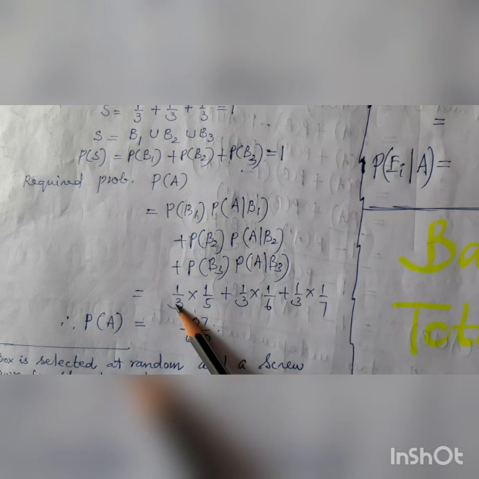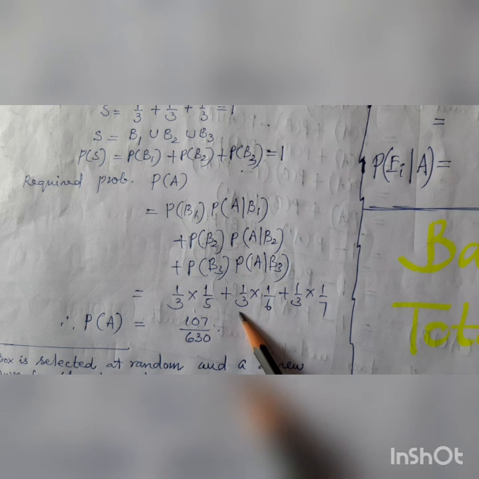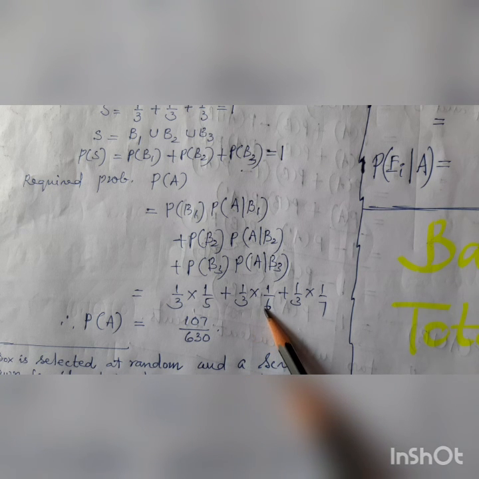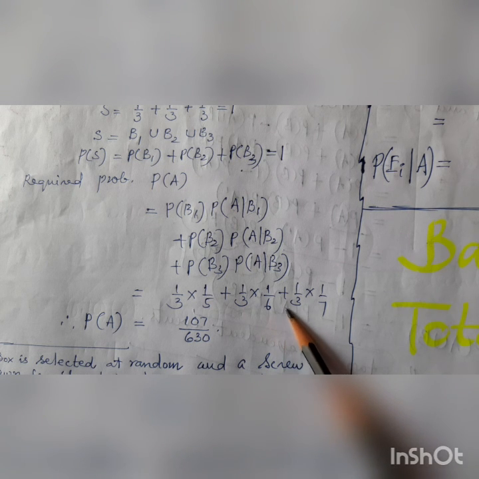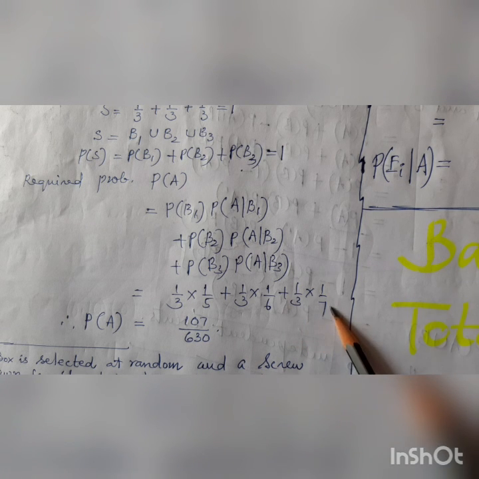So 1 by 3 is the box selection probability, and 1 by 5 is the defective screw probability in box 1, plus means or else 1 by 3, the second box selection probability, into 1 by 6, the defective screw probability in the second box, plus the third box selection probability into 1 by 7, the defective screw probability in the third box.